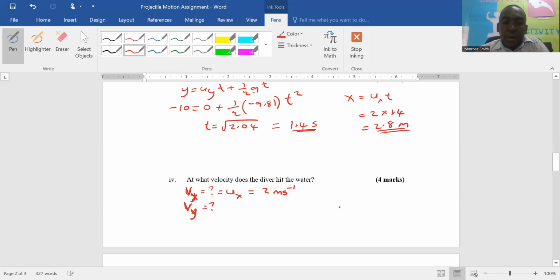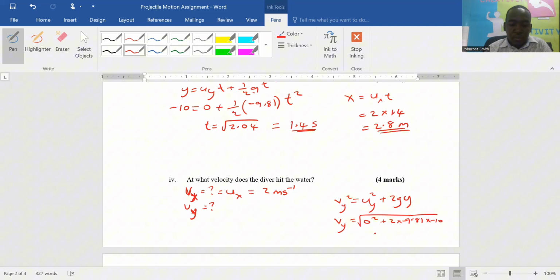Now we can take vy, because vy squared equals uy squared plus 2gs, and s would be y. So therefore vy would be equal to the square root of 0 squared plus 2 times negative 9.81 times the displacement, which is negative 10. And that would give us that vy is 14 meters per second.